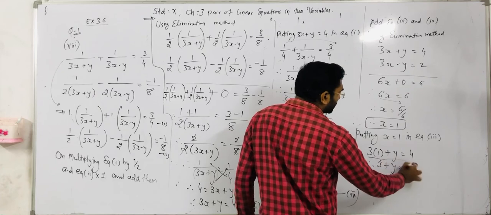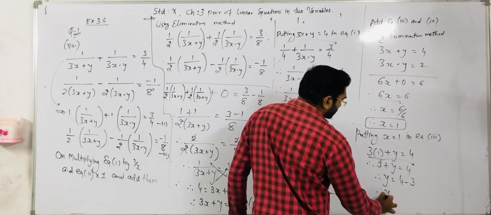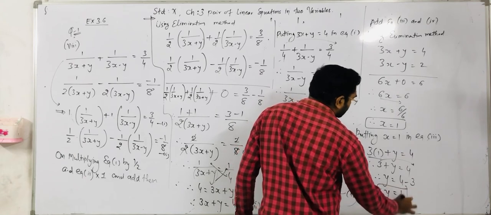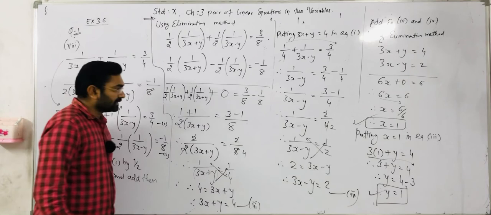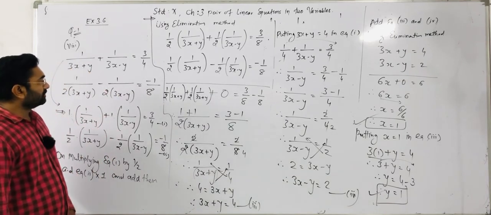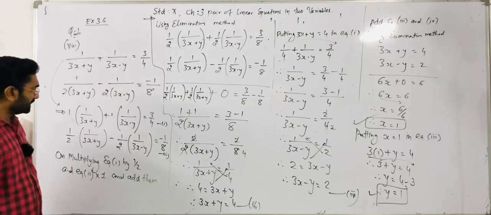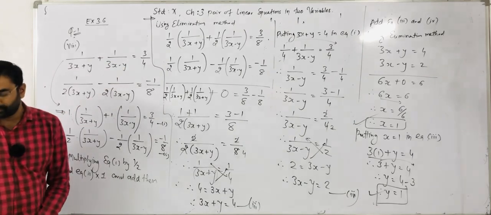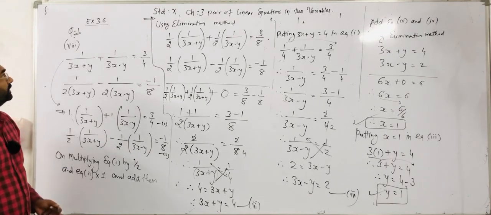The y value we have to find out, so plus 3 goes to the right hand side and becomes minus 3. So y is equal to 1. So x is equal to 1 and y is equal to 1. These are the solution of the given equations. I hope this method is very easy, and especially these two sums you have to solve this way.